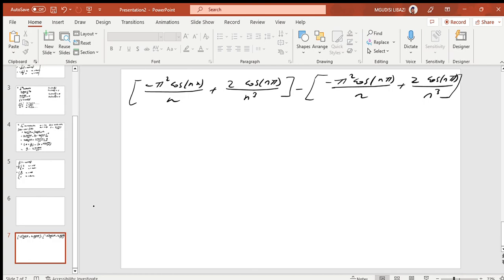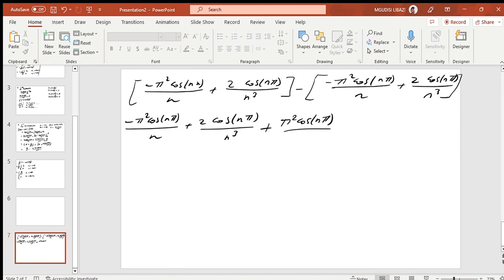So we can now simplify the expression. We get negative pi squared cosine of n pi divided by n, plus 2 cosine of n pi divided by n raised to 3, and then the minus minus gives us a plus: plus pi squared cosine of n pi divided by n, and then minus 2 cosine of n pi divided by n raised to 3.